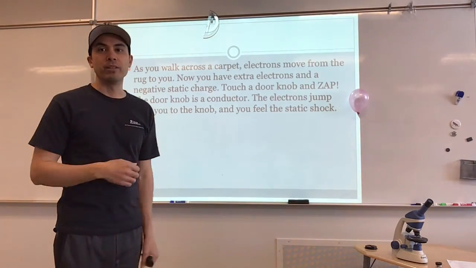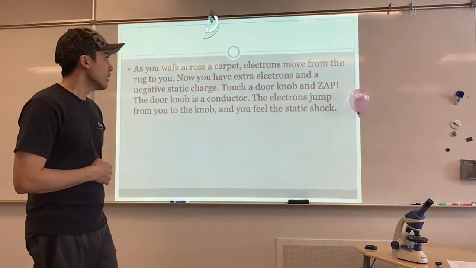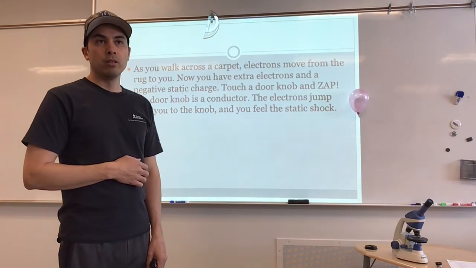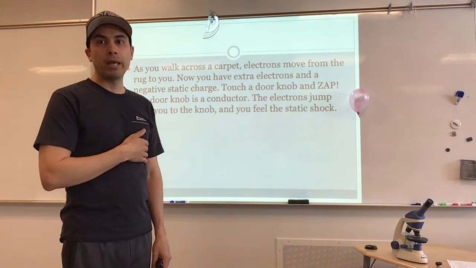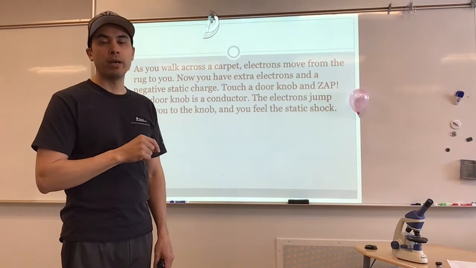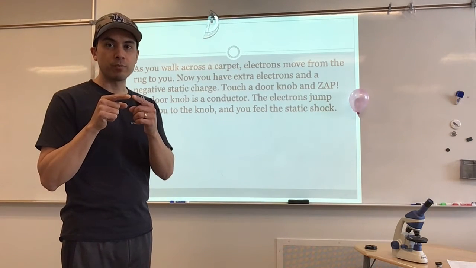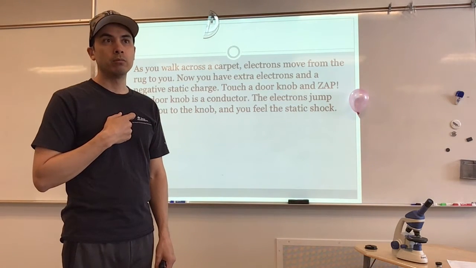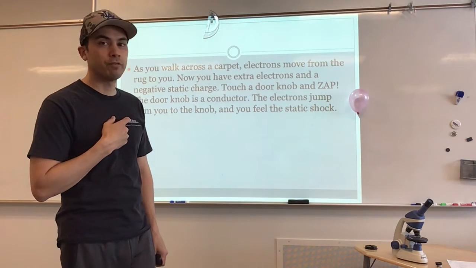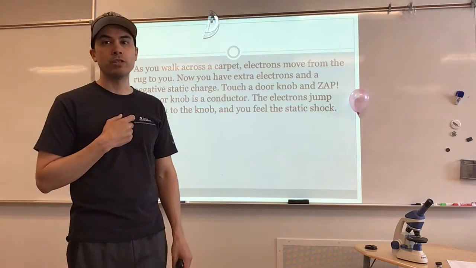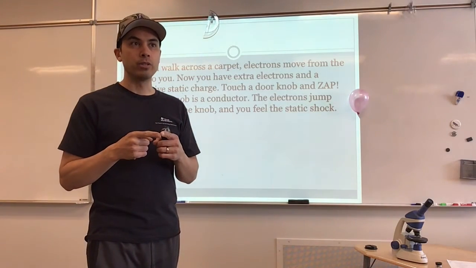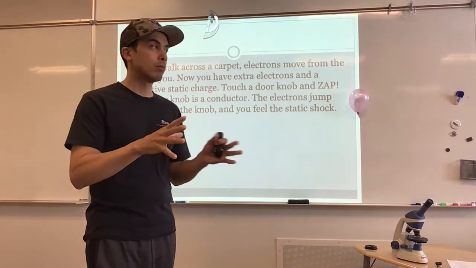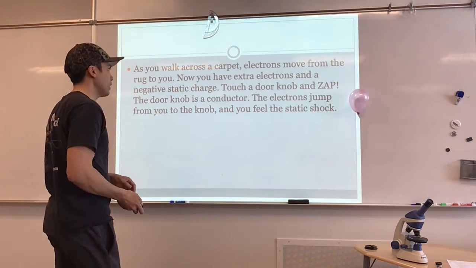The same thing happens if you've ever walked across a carpet and touched a doorknob, and sometimes you can even see that little spark go from your finger to the doorknob. That's because your feet are picking up electrons as you walk across, and when those electrons touch something conductive, they release. They jump.